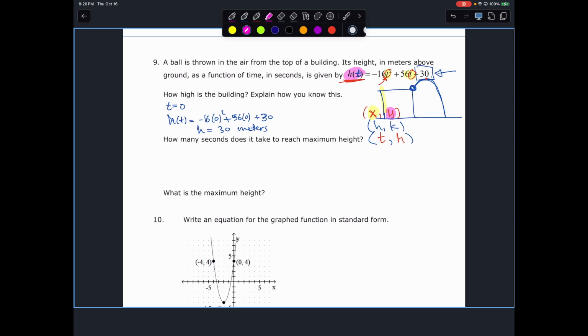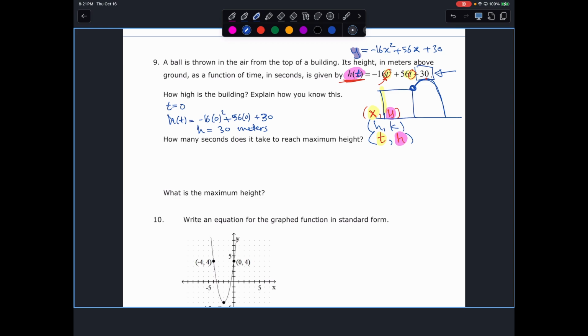Now you can see that x is the same as t and y is the same as h. So if it helps in your mind, you can rewrite the equation as y equals negative 16x squared plus 56x plus 30. You see the connection?